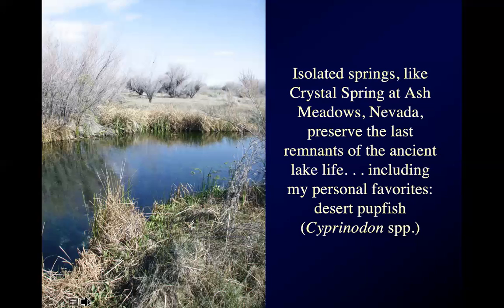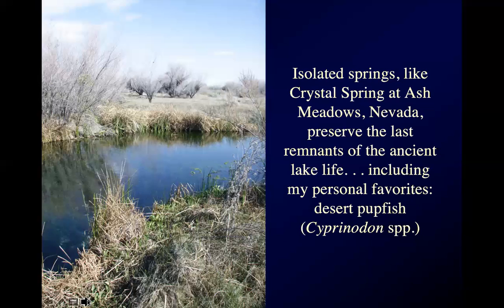And in about 30 minutes, you could be seeing this. The Ash Meadows National Wildlife Refuge preserves some springs that is all that's left of what used to be the life that filled all of those lakes and rivers.